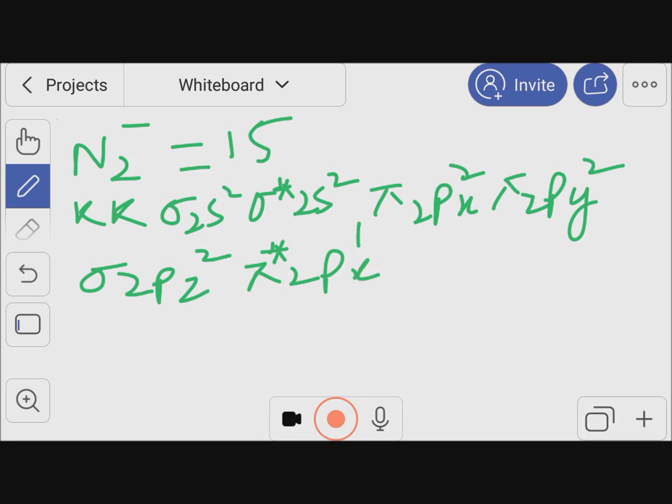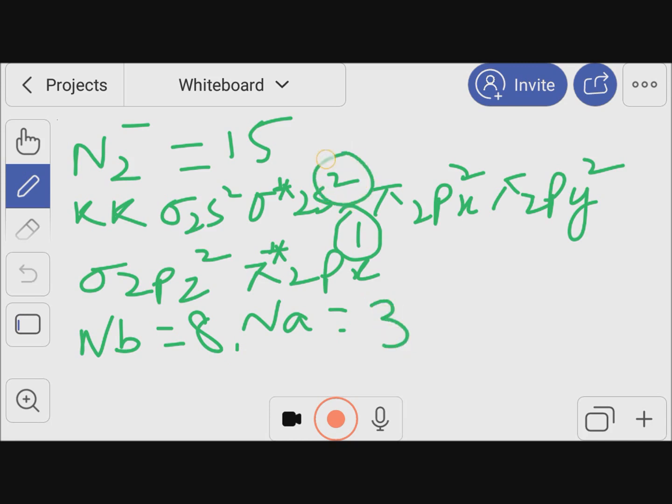Here one electron, the last electron, enters into the pi star 2px orbital, that is an anti-bonding orbital, and the number of bonding electrons, Nb, is equal to 8 and Na, the number of anti-bonding electrons, is equal to 3.